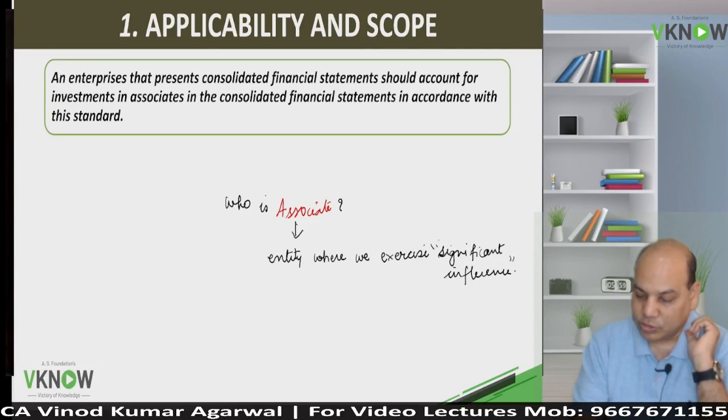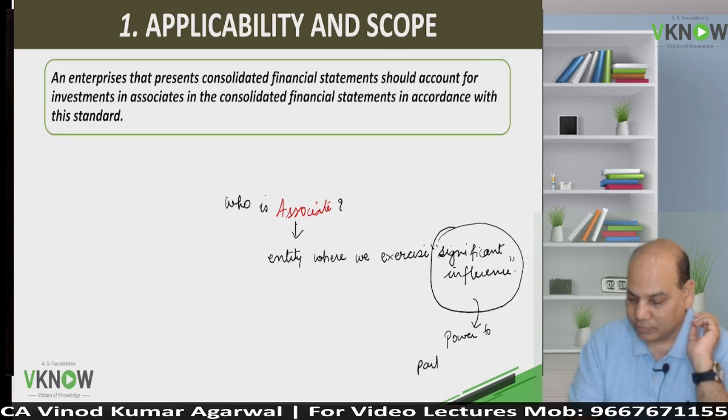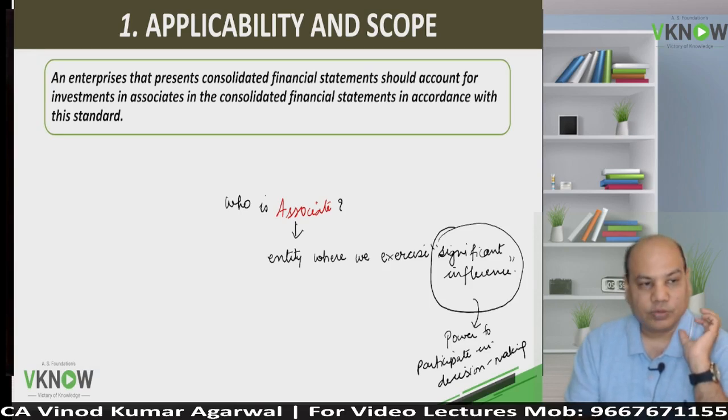Significant influence means you are able to participate in decision making. Significant influence means power to participate. All this is written in the book, power to participate in decision making process. If you understand the concept, then we can move further.